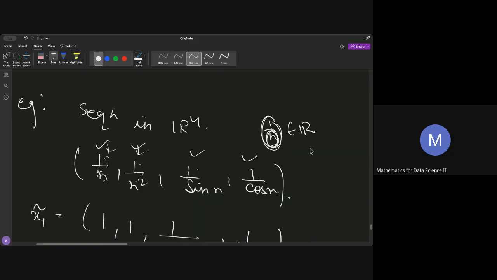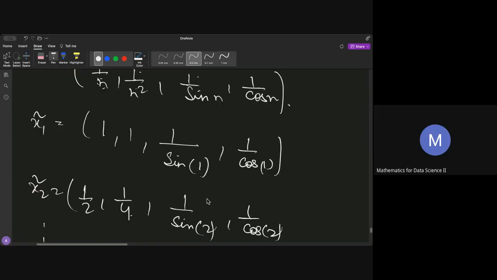That's what I mean when I say a sequence in R: it takes values from R.